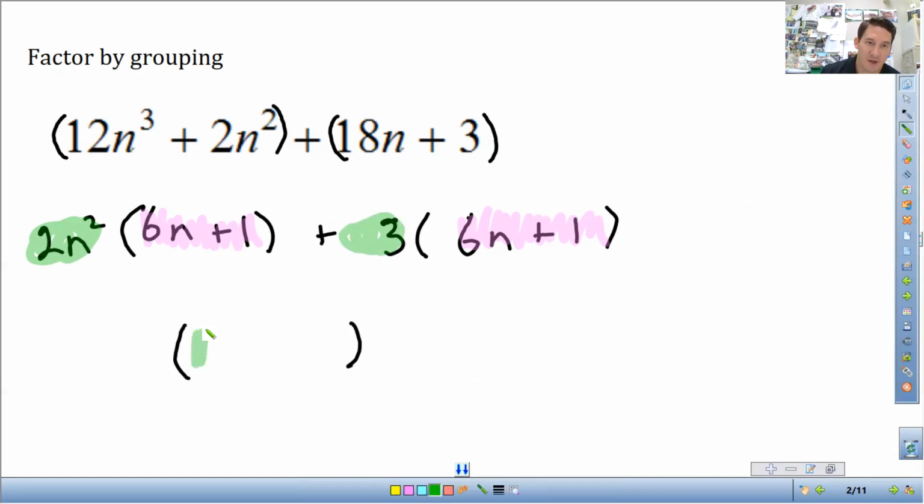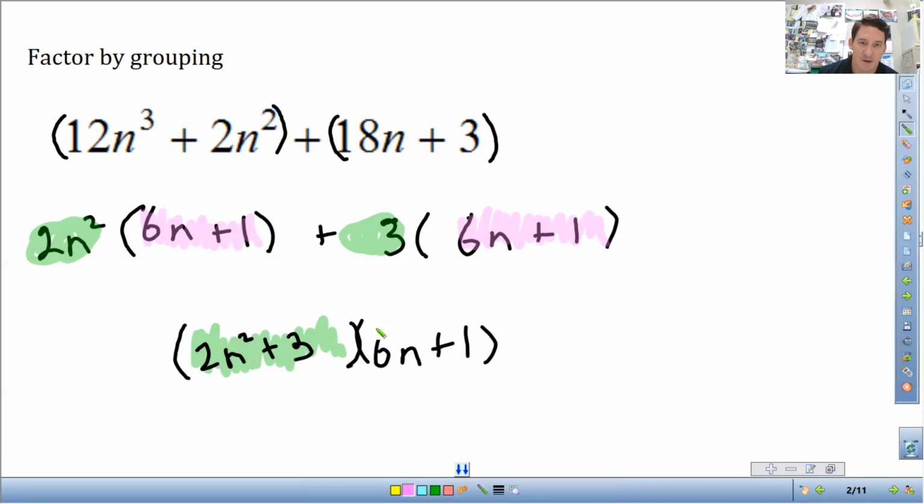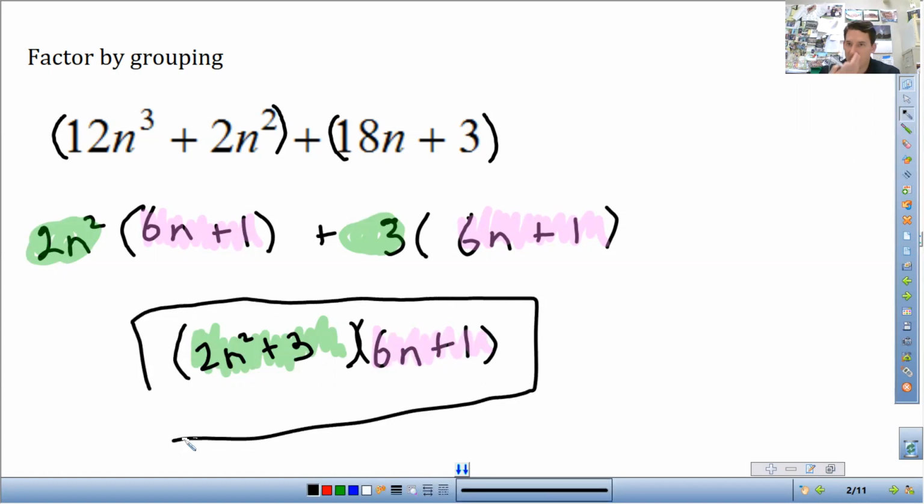Those come down here, so that becomes 2n squared plus 3, and then 6n plus 1, multiplied by the one that's together. And there we go, that is our answer. What we're doing is undoing multiplication. If we were to multiply this, go backwards, remember you can split and distribute. So we're figuring out what that split is and bringing it back together.